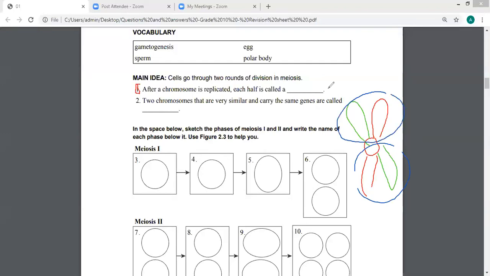It's called what? Sister chromatid, answer. Good. Excellent, Muhammad. Sister chromatids. Okay, so the first answer, sister chromatid.